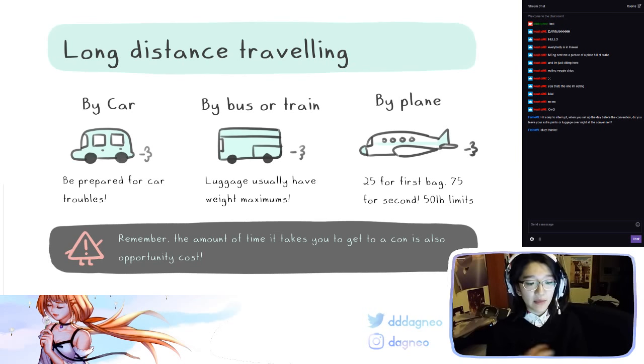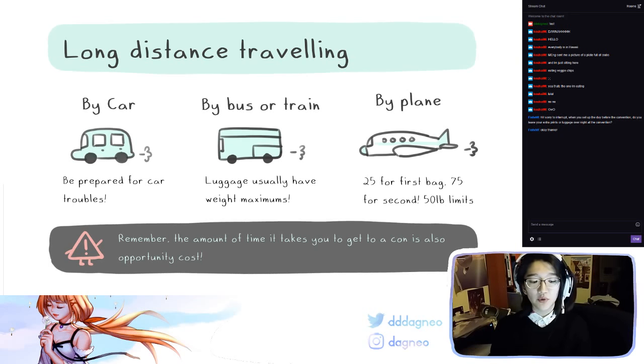And finally, by plane. Planes will really vary between every company, obviously. But if you are bringing a lot of things to sell, you probably have to check your luggage in. Usually for a domestic flight, the first luggage that you check in will be $25. The second one will be $75, I believe.